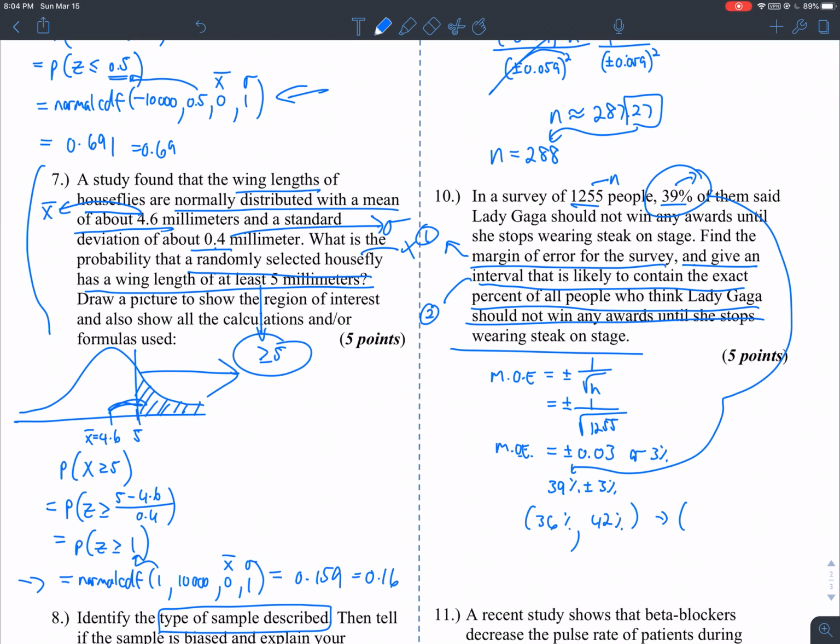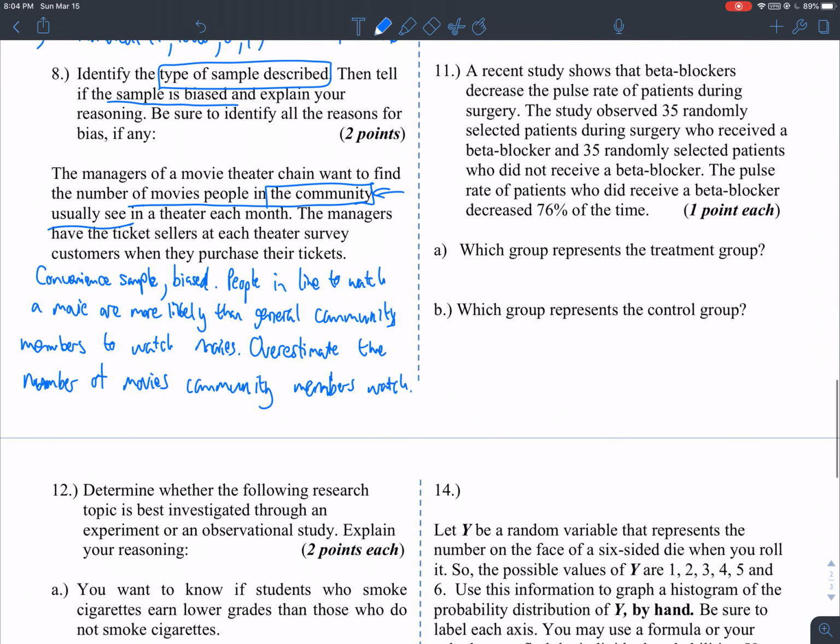More likely we would actually do decimals in statistics, so you would do 0.36 to 0.42. But since your textbook likes this, either one is fine. Okay? Remember, the margin of error tells me how far over or under I am potentially estimating the truth with my 39%. Right?